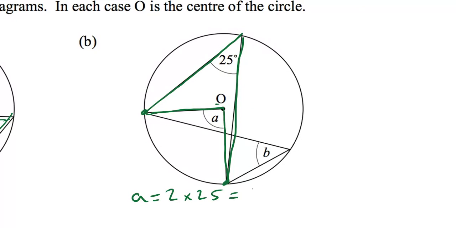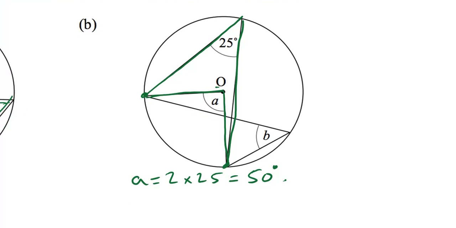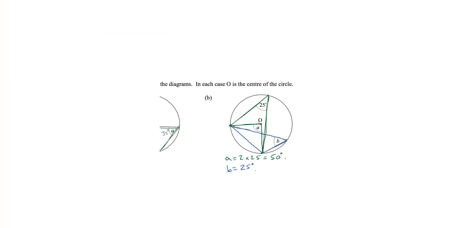So of course, A is 50 degrees. If I wanted to find out B, well, that's going to be 25 degrees. From that previous rule, they're connected from the same chord, look. So B is going to be 25 degrees as well.